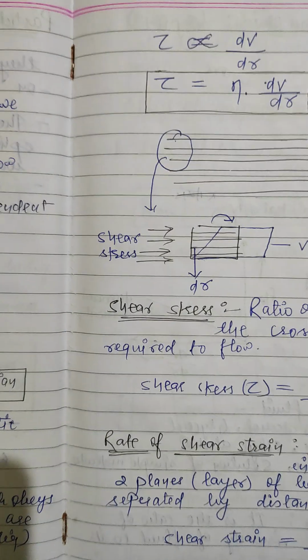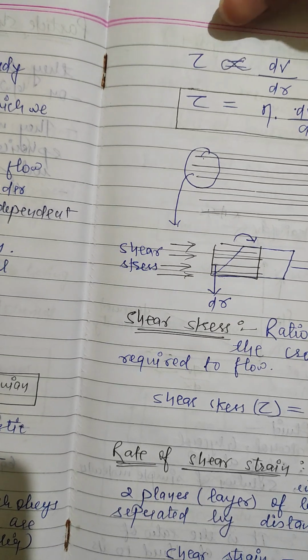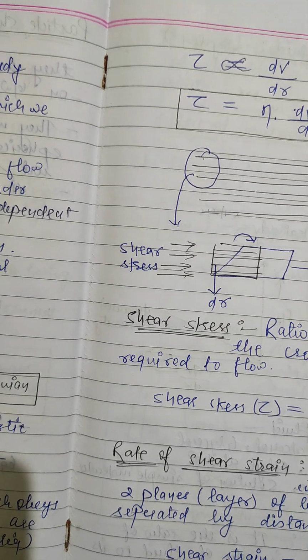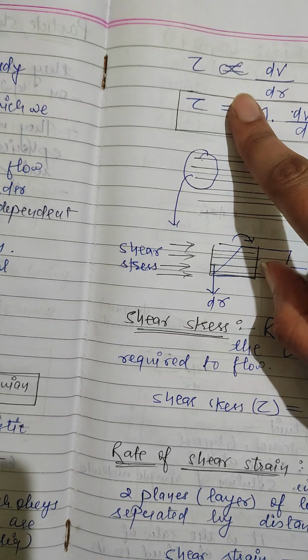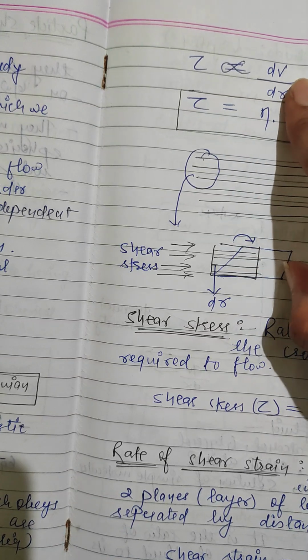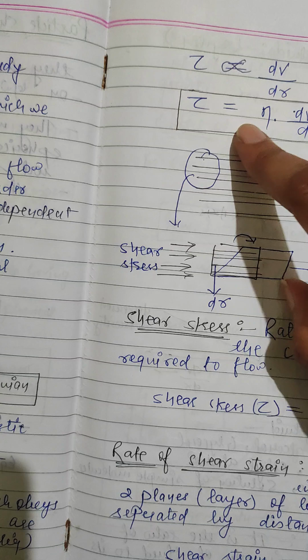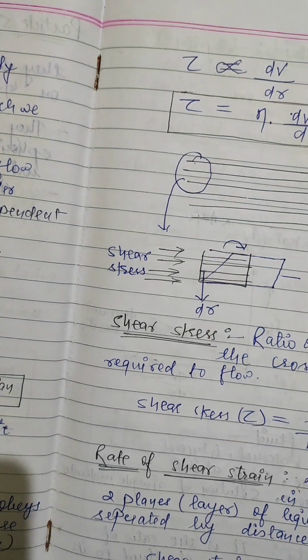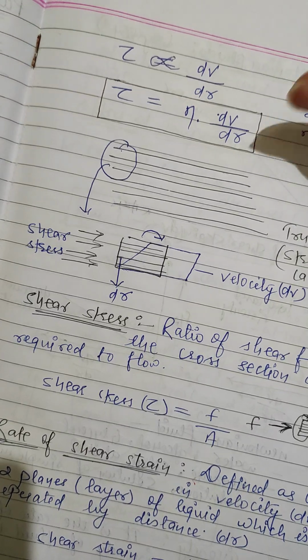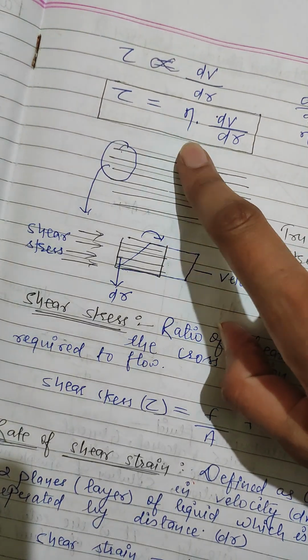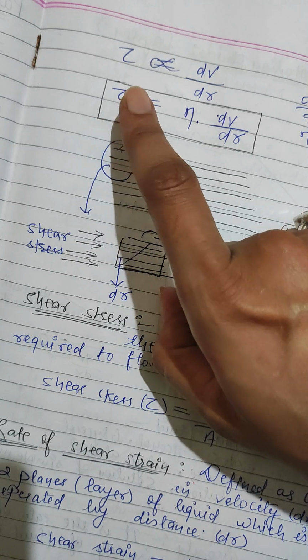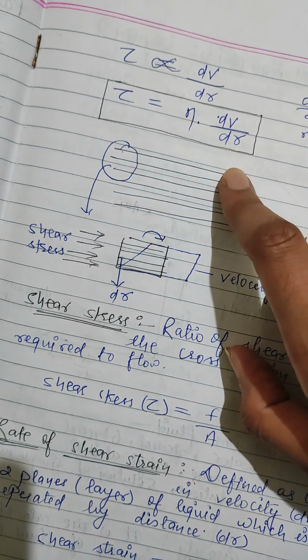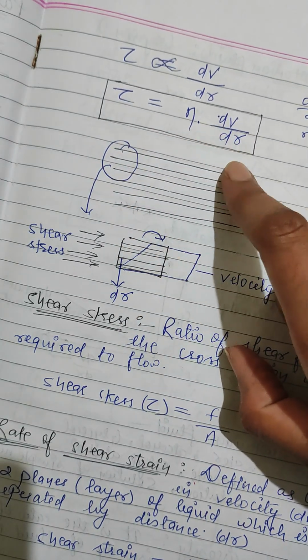It is represented by tau: tau, the shear stress, is directly proportional to dV by dr. If we remove the proportionality constant, it becomes tau equals eta dV upon dr. So eta represents viscosity, tau is the shear stress, and dV by dr is the shear strain.